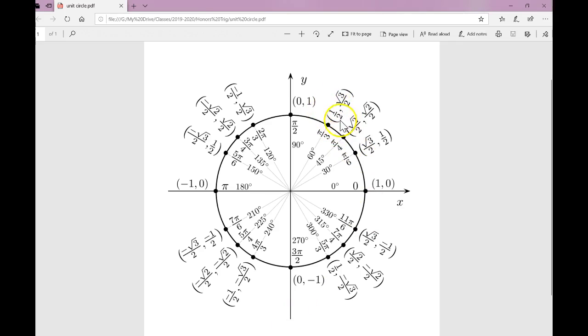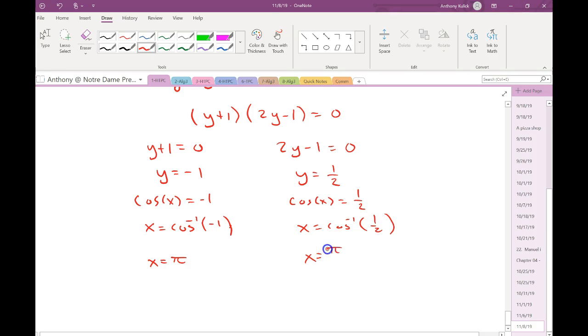Yeah, pi over 3. And where else? 5 pi over 3. So my answers then would be pi over 3, pi, and 5 pi over 3.